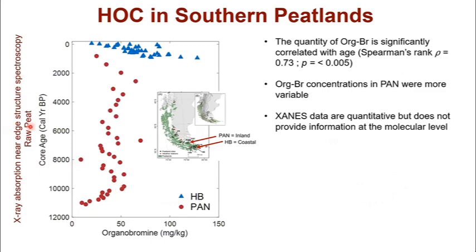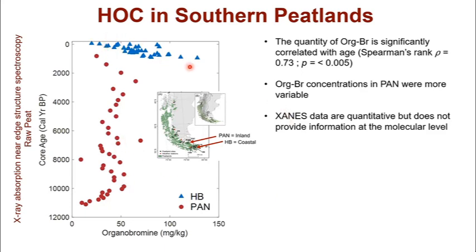So this is a great opportunity to also show the XANES data, because this is the first time the mass spec and XANES were run in parallel. I would just want to say that XANES, while not structurally specific, tells us for sure that bromine is indeed bound to a type of organic compound. So the HB core is in the blue symbols, and the pan core data in organobromine is in the maroon dots.